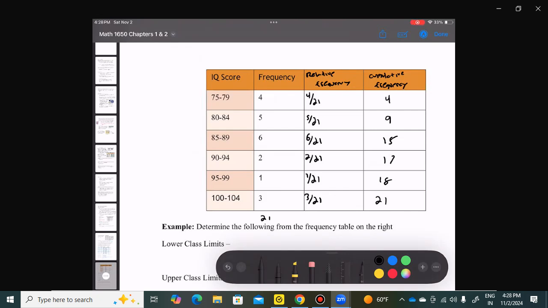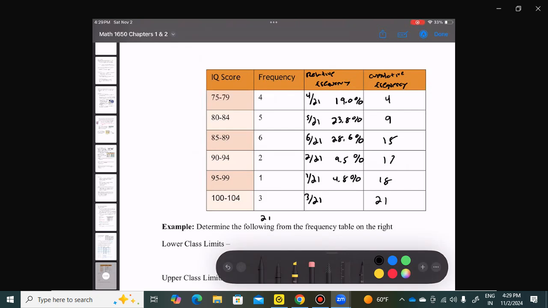So we can find the percentages here. 4 divided by 21 is 19.0%. 5 divided by 21 is 23.8%. 6 divided by 21 is 28.6%. 2 divided by 21, 9.5%. 1 divided by 21, 4.8%.